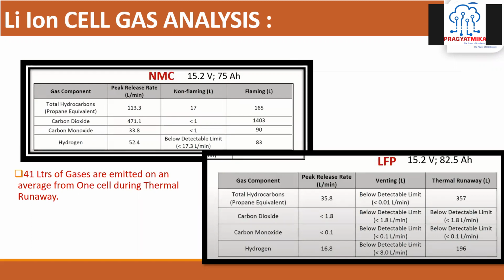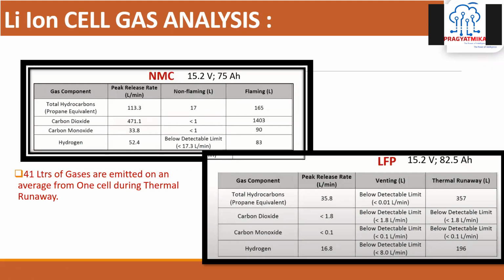See this enormous amount of gas release, which comes in the flammable range. If it is 165 liters per minute release, that will come in the flammable range. Carbon dioxide is 471.1, carbon monoxide is 33.8, and hydrogen is approximately 52.4. That is the pack release rate, in liters per minute. If it is in these ranges, which is 17 and less than 1 and less than 17.3, it remains in the non-flammable range.